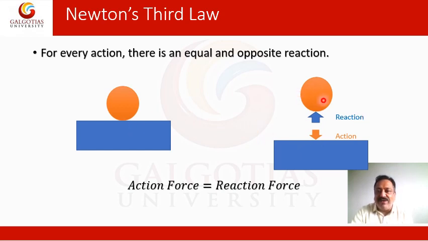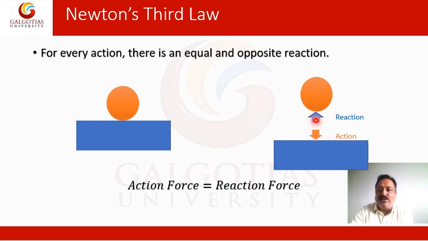So the ball I have slightly shown above the top, and I show the blue tabletop is putting a reaction on the ball, and what the ball is trying to do is push the tabletop with its weight, because it is resting on the blue tabletop. So the action is the downward vector force equal to the weight of the ball.